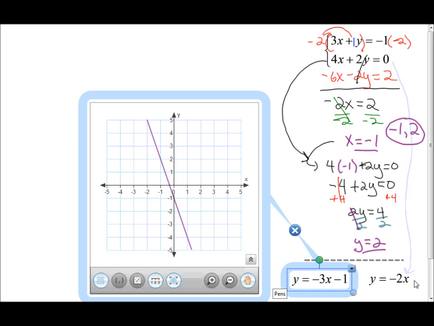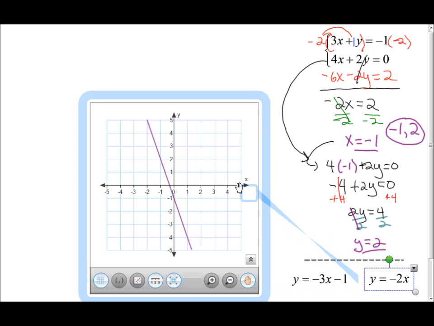I would make the graph by going to negative 1 on the y-axis and then applying the slope of negative 3. Similarly here, I have a y-intercept of 0 and applying a slope of negative 2.